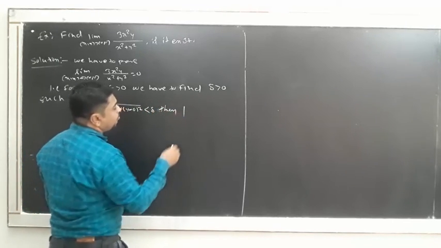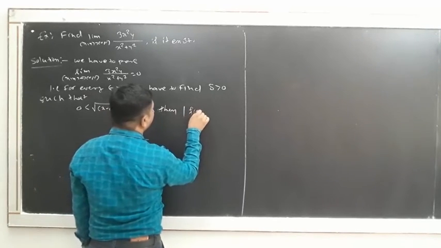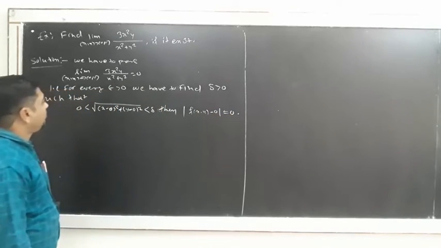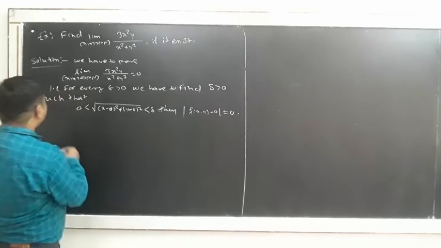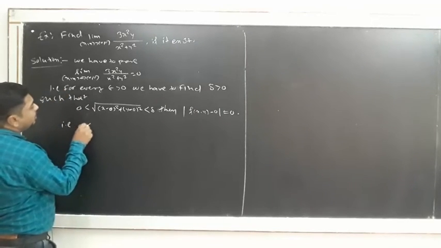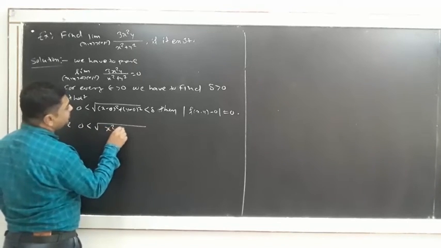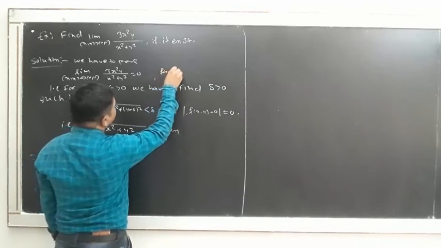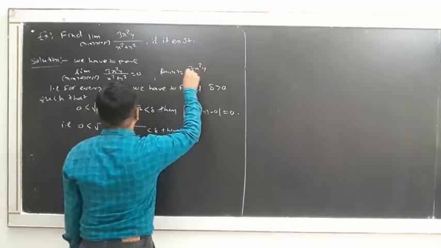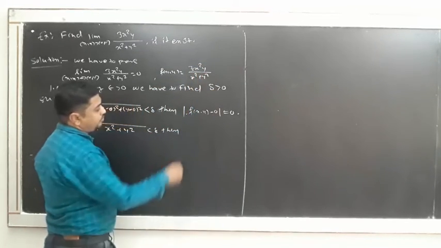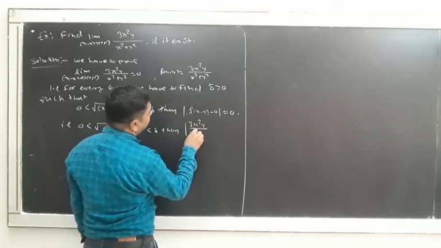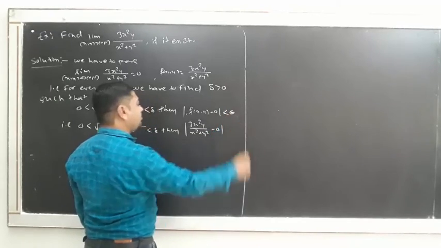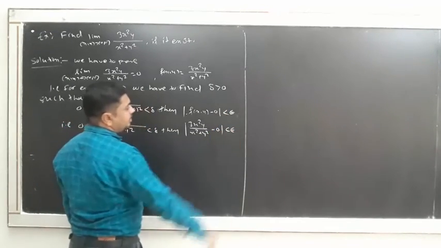Then the mod of f of xy minus 0 should be less than epsilon, where f of xy is 3x square y upon x square plus y square.